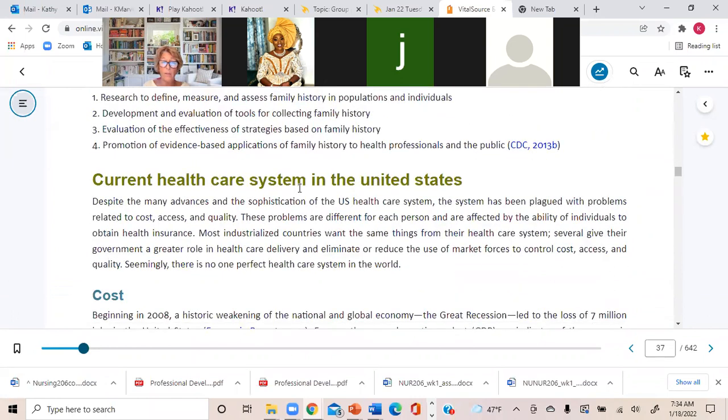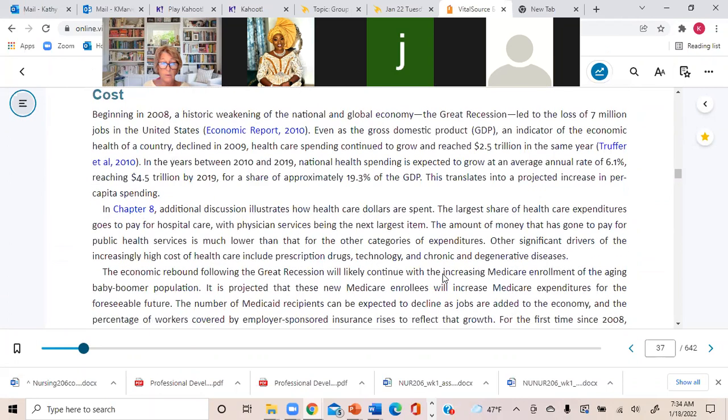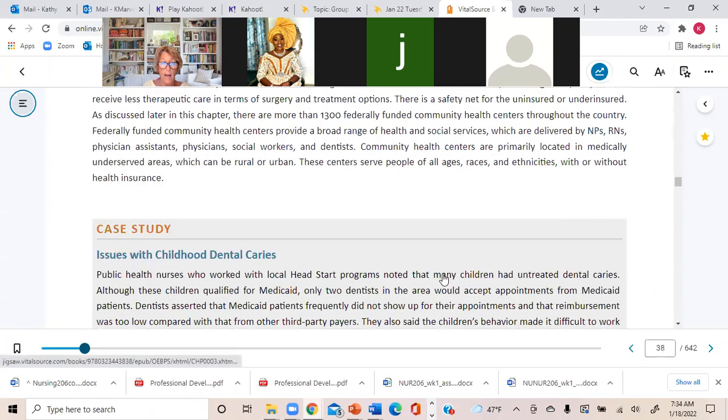There's a lot of information in all these chapters. I'm really trying to focus in on what is essential knowledge. Please read through the section of the current healthcare system in the United States on page 37, with regards to the cost, access.